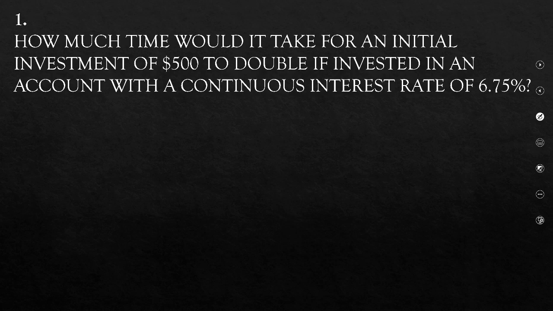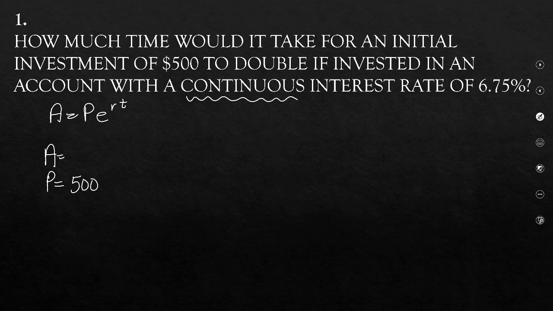A couple of things we've got to pull out from our info. So we have A equals P e to the power of RT because it says continuous. This is going to be our PERT problem. E is continuously increasing. A is our final amount. P is our beginning or our principal. We are beginning with 500.